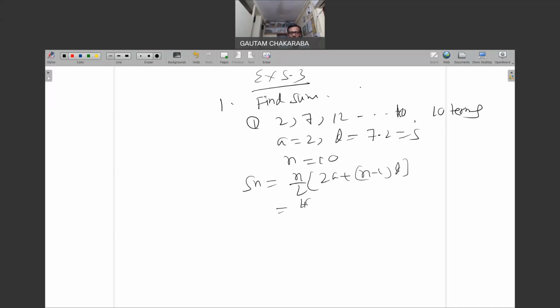What is n? n is equal to 10 by 2, and a is 2, you write here S10, right? And n is 10, so 10 minus 1, and d is 5. Very simple. Now put n is equal to 10.